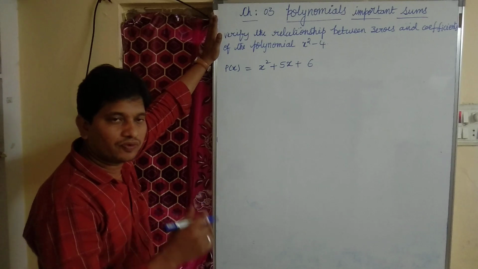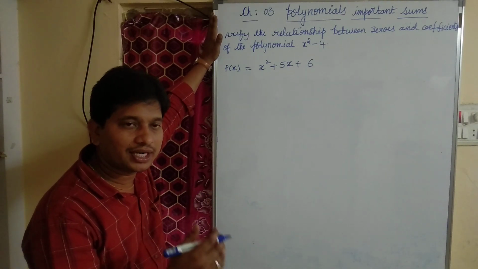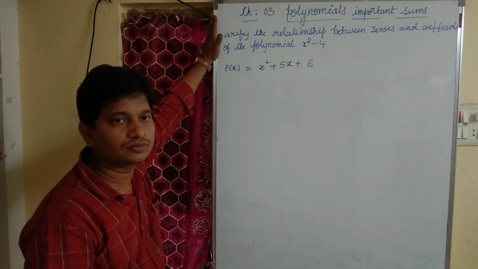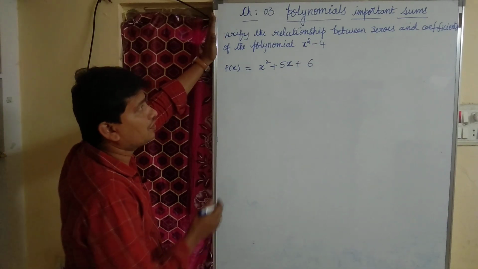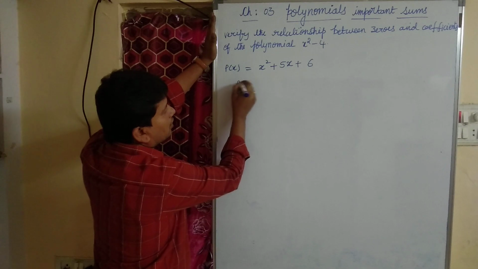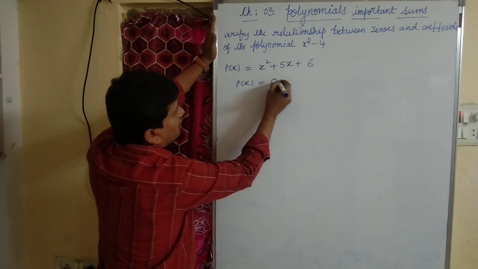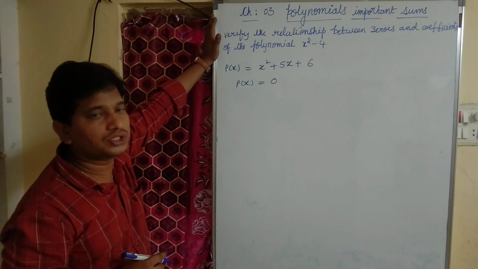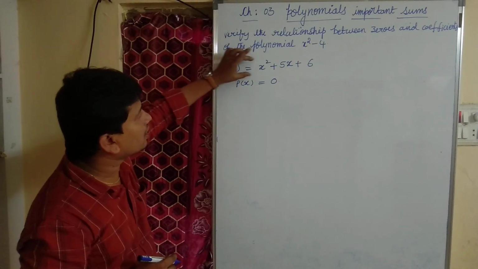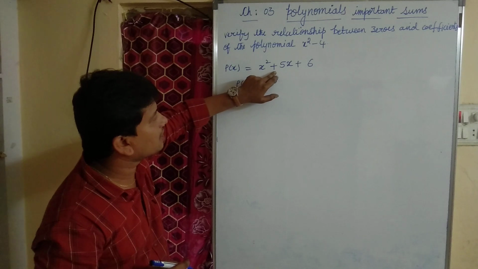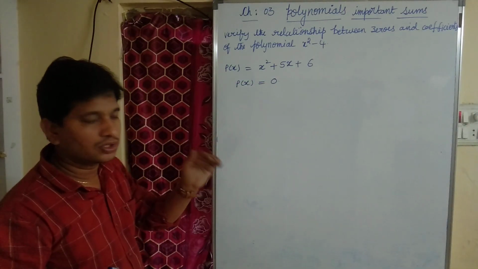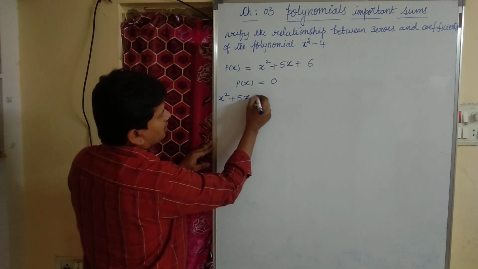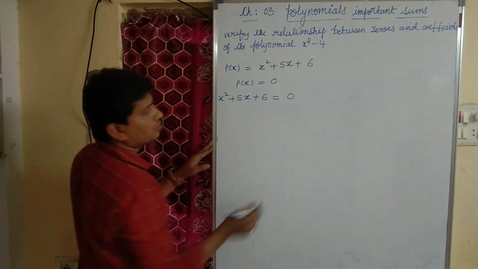Okay. So to find the zeros of the polynomial, let us go with the factorization method. If you want to find the zeros of the polynomial, given polynomial is equal to 0. What is our polynomial? We are considering the polynomial as x square plus 5x plus 6. So x square plus 5x plus 6, which is equal to 0.